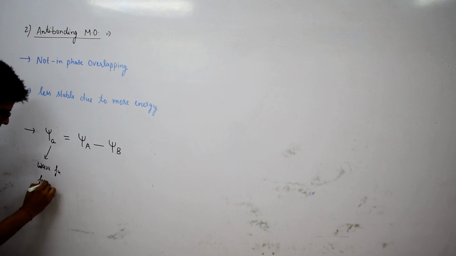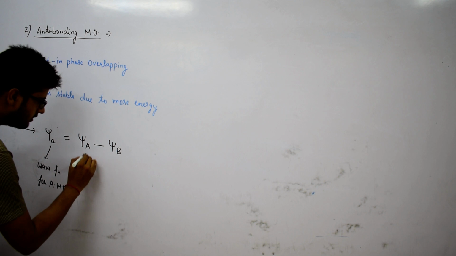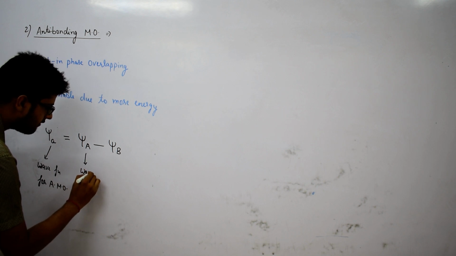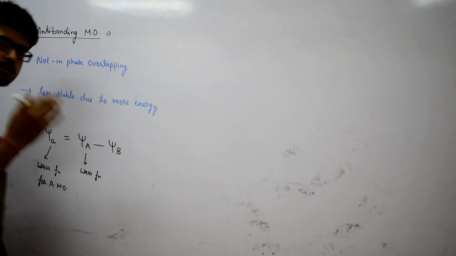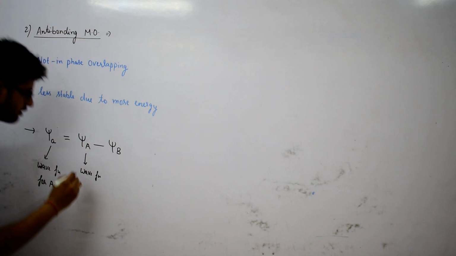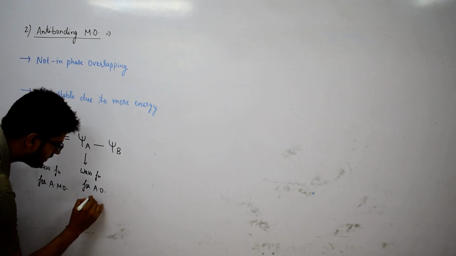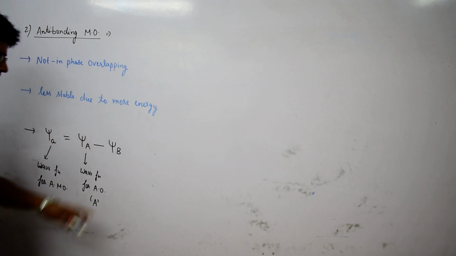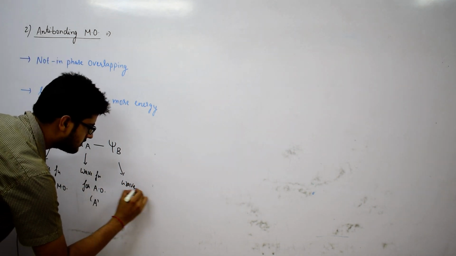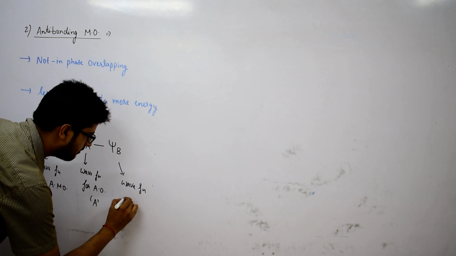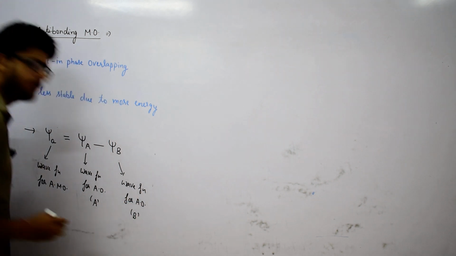This is the wave function for the first wave A, we are treating atomic orbitals like waves because they also contain electrons. So this is the wave function for the first combining atomic orbital, let it be A, and this is the wave function for the next combining atomic orbital, let it be B.